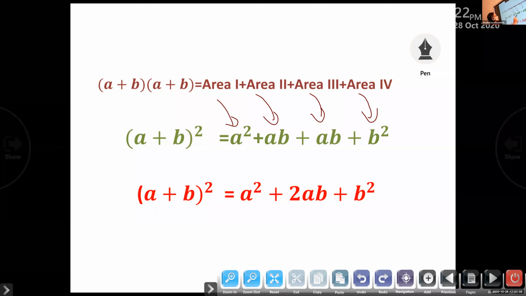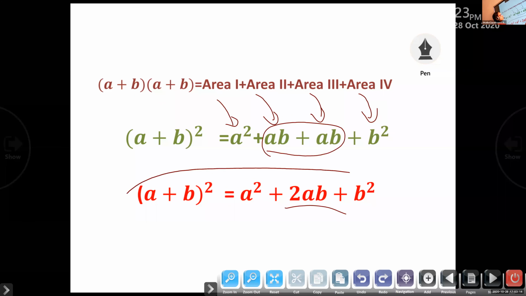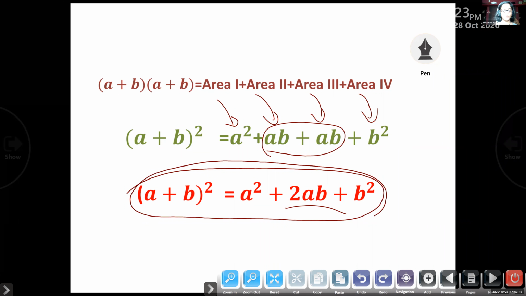These two are like terms, so ab plus ab is 2ab. The left side is the total area, (a plus b) whole square. So (a plus b) whole square is a square plus 2ab plus b square. So geometrically we can prove (a plus b) whole square is a square plus 2ab plus b square.